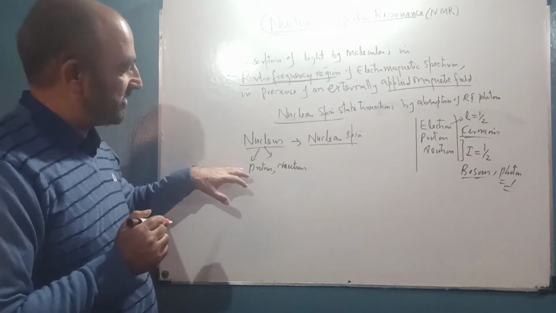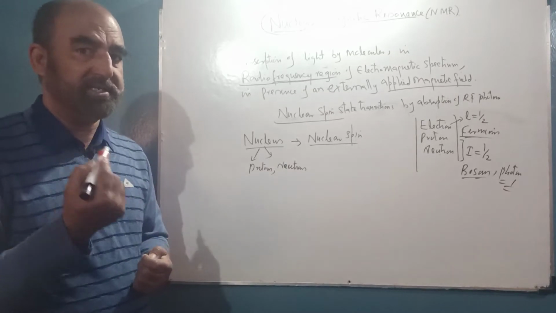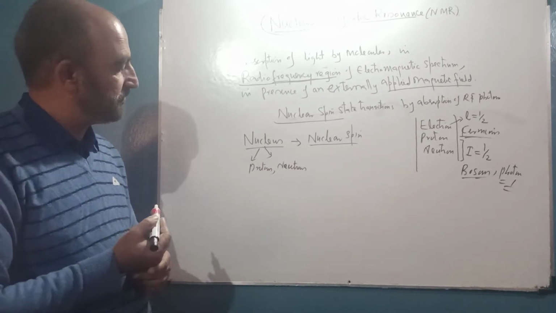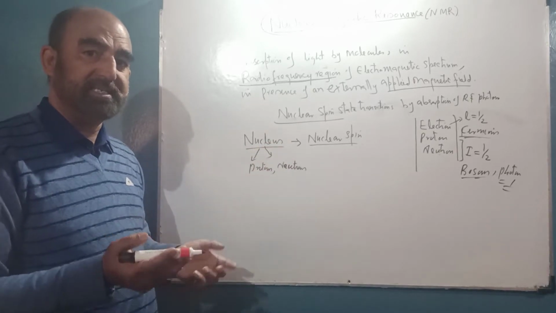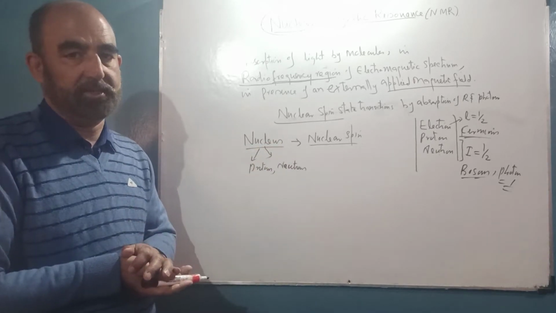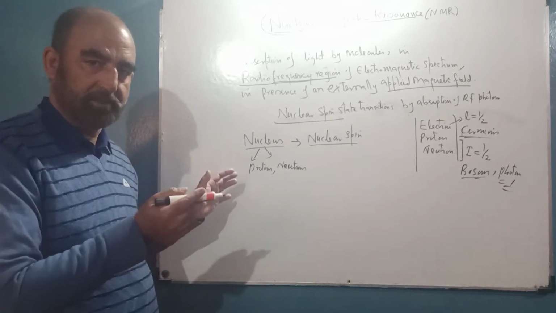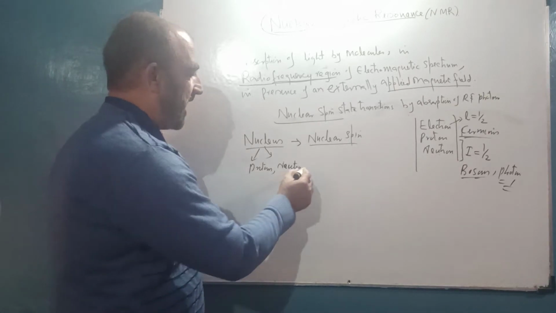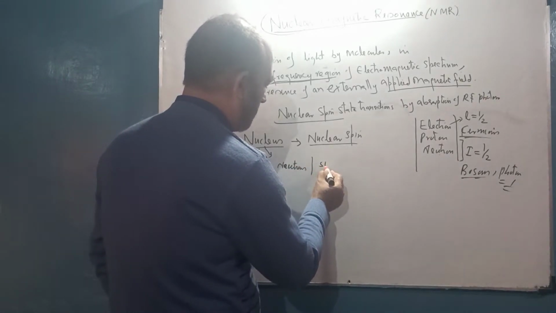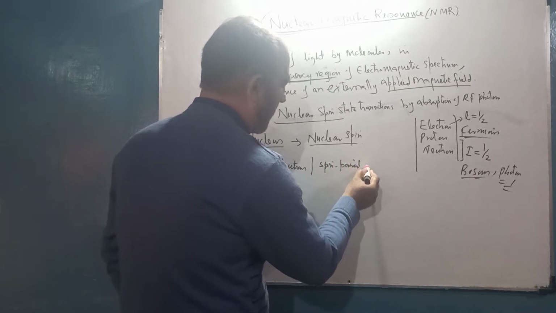But we concentrate on protons and neutrons. Since protons and neutrons have some net spin of half unit, it depends on how their spins pair up in the nucleus. And if in a particular nucleus all the protons and all the neutrons have their spins paired up in an antiparallel manner.